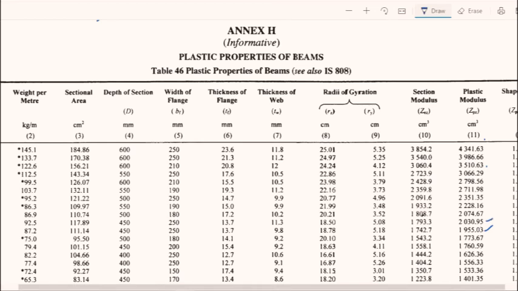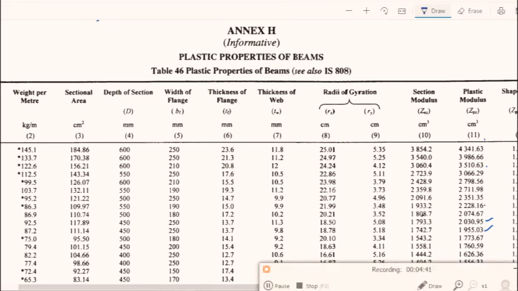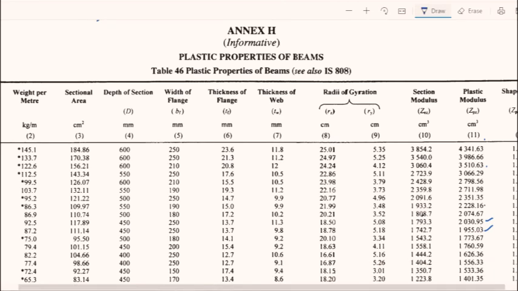This is 2030. Of course, this could be suitable. So I can use this 2030, and 2074, and 2228. Of course I cannot use this, so I can use any of these three sections.